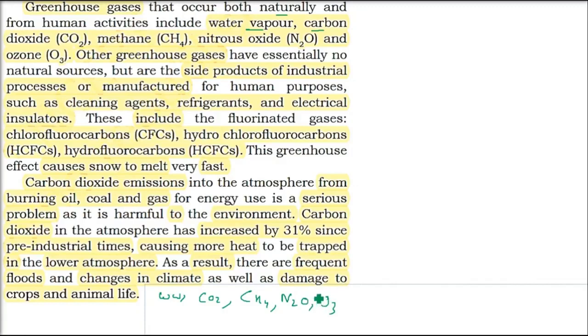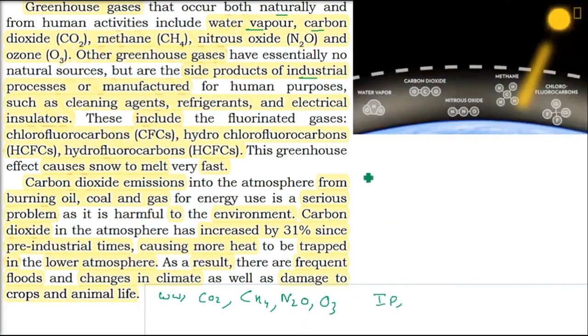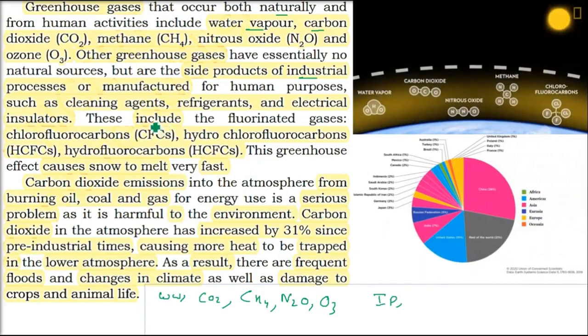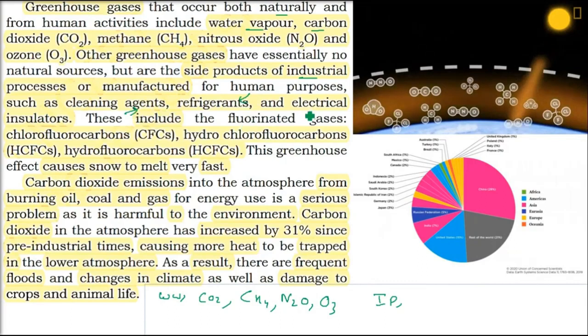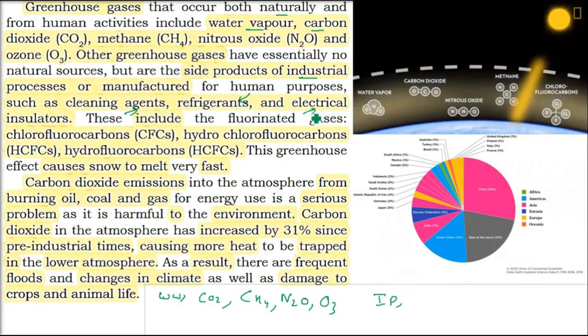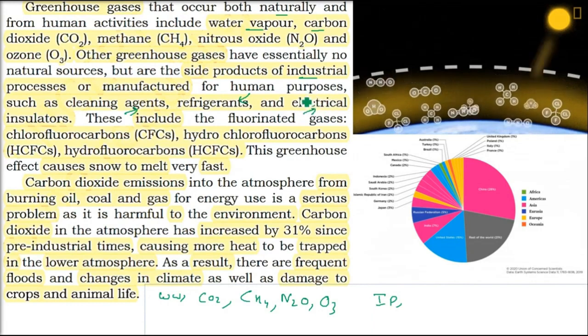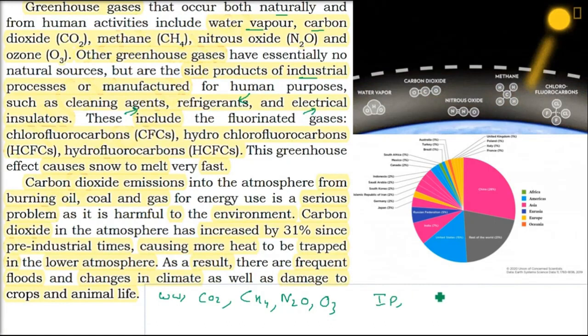Nature is also producing, but we are also producing because of industrialization, because of industrial processes, all kinds of manufacturing. For example, we are making cleaning agents, refrigerants, electrical insulators. All these eventually produce greenhouse gases, and they have a detrimental effect on the environment, the atmosphere, and eventually the living organisms and the non-living ones also.